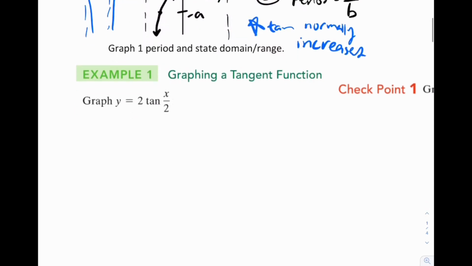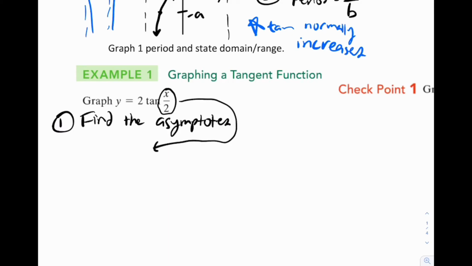So for this first one, I'll put step 1. What you want to do first is find the asymptotes. And how you do that is you grab this bx part, in this case x over 2, and you make it an equality. And what we're going to say is it's normally between pi over 2 and negative pi over 2.